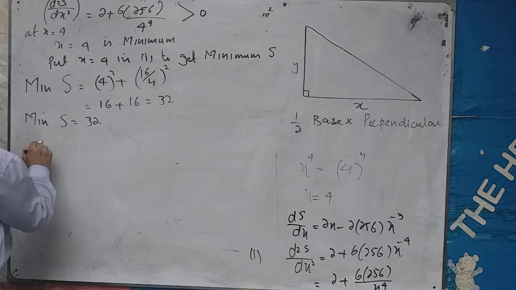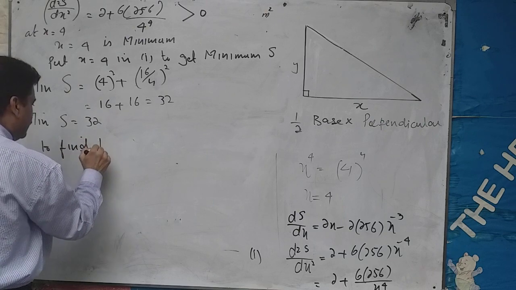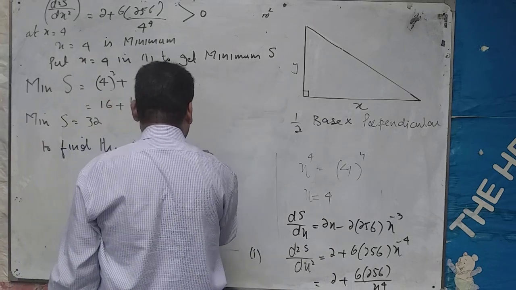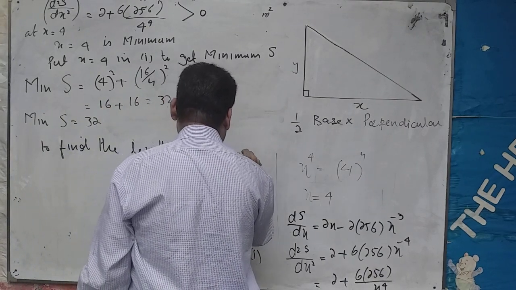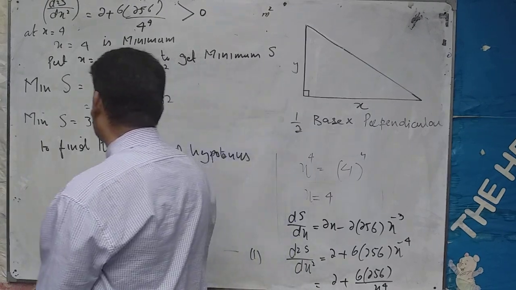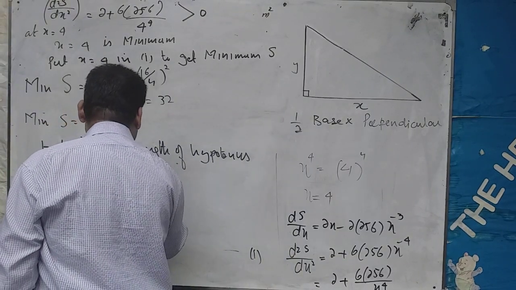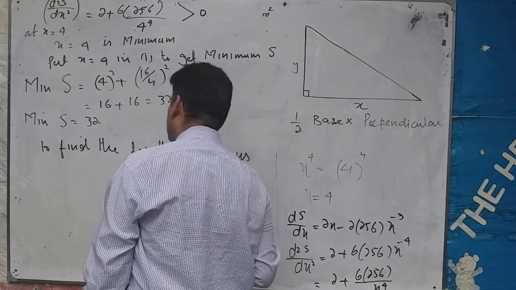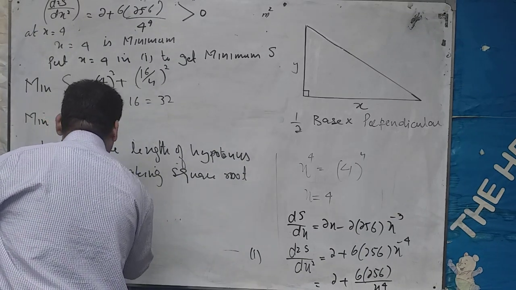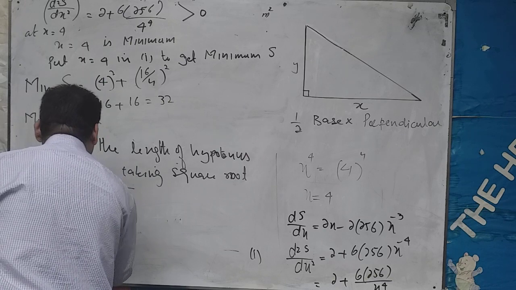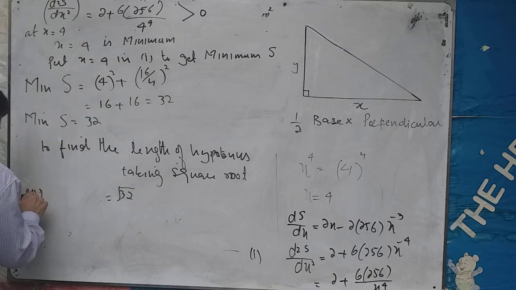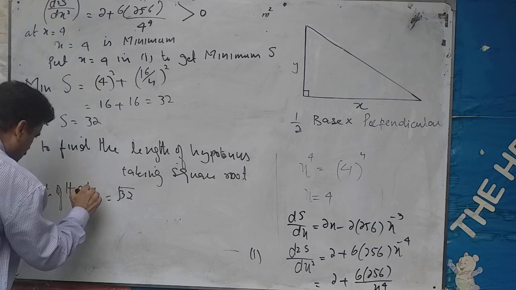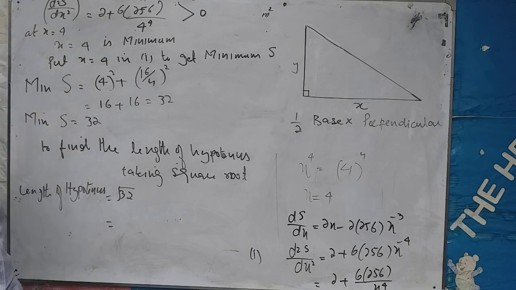To find the length of hypotenuse, taking square root on both sides, length of hypotenuse is equal to square root of 32.